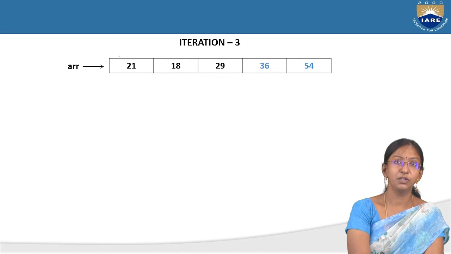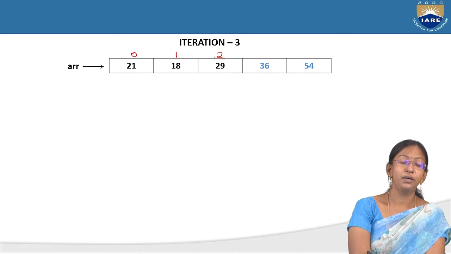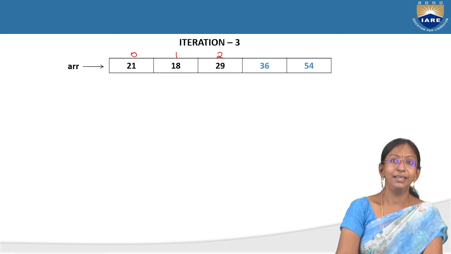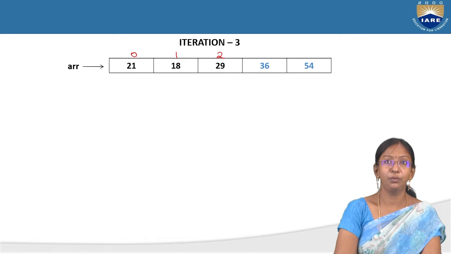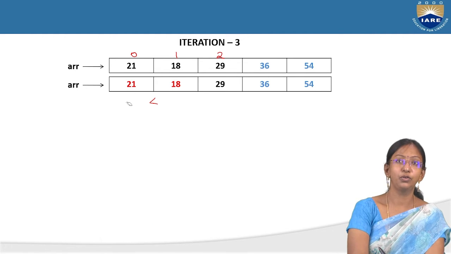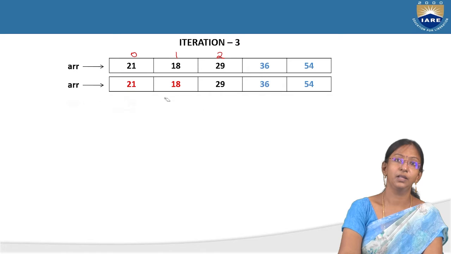So I'm going to specify index values of only those elements in my list for which I need a swap. Let's compare 21 and 18. Is 21 less than 18? No, the condition fails. As the condition fails, I'm going to swap them.